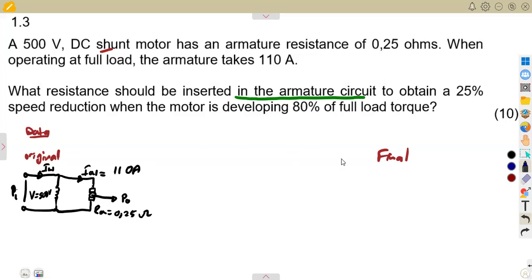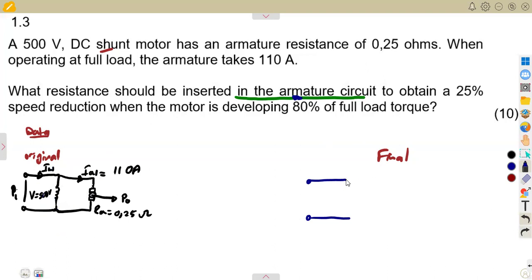Then on the final condition, it is still going to be a shunt motor. But they are saying the resistance should be inserted. Where is it inserted? In the armature circuit. The armature part is the one that is affected, not the shunt field.